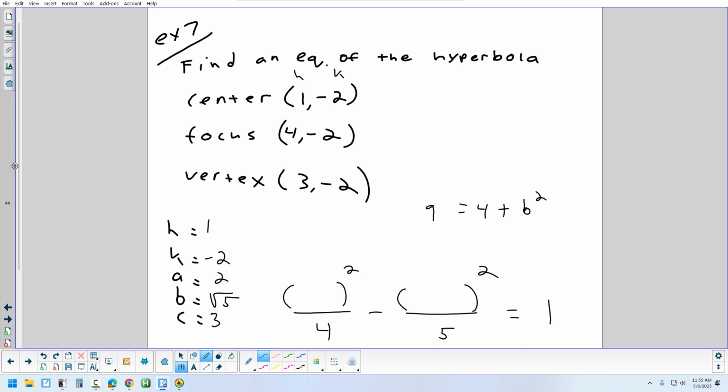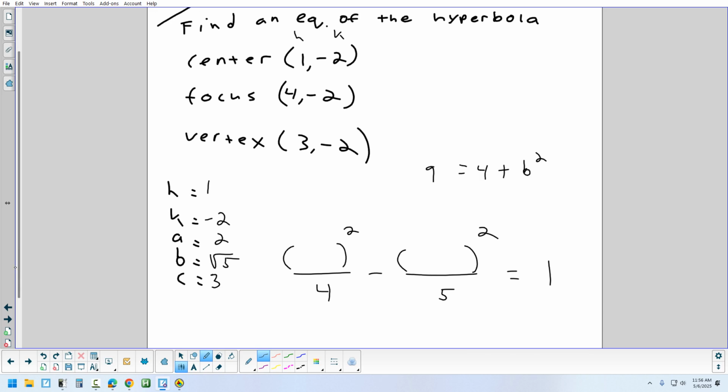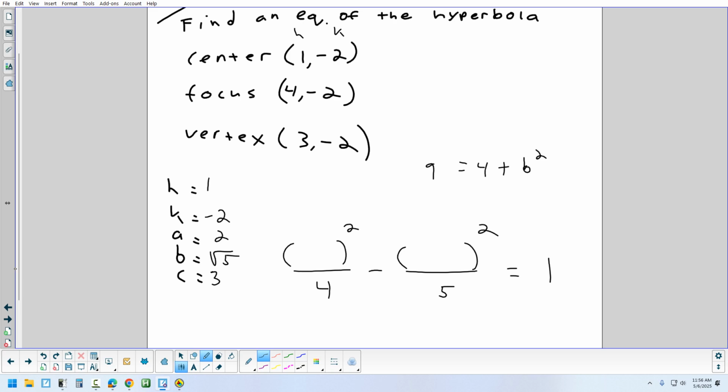If a bunch of points have the same height, would they line up horizontally or vertically? Yep, horizontally. They're all at -2. They're just different amounts left and right. So they all line up horizontally. That means we want which letter to be positive? We want this to go horizontal, the transverse axis. We want x positive, we want y negative.